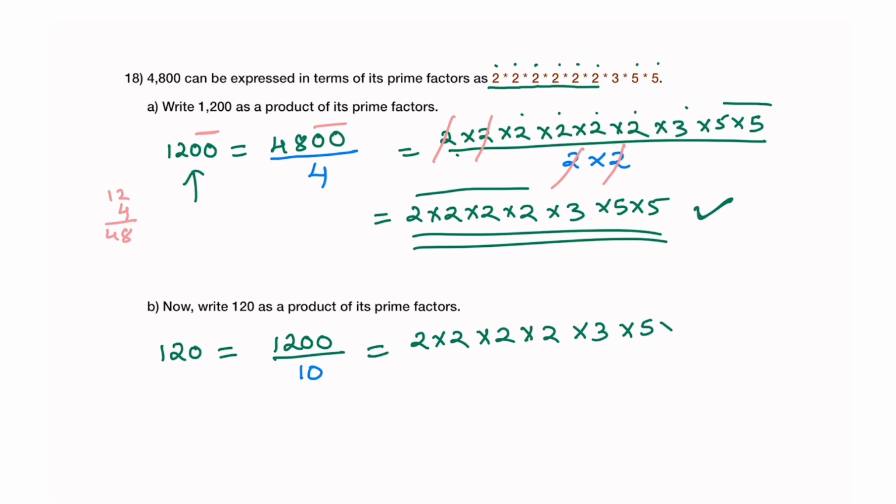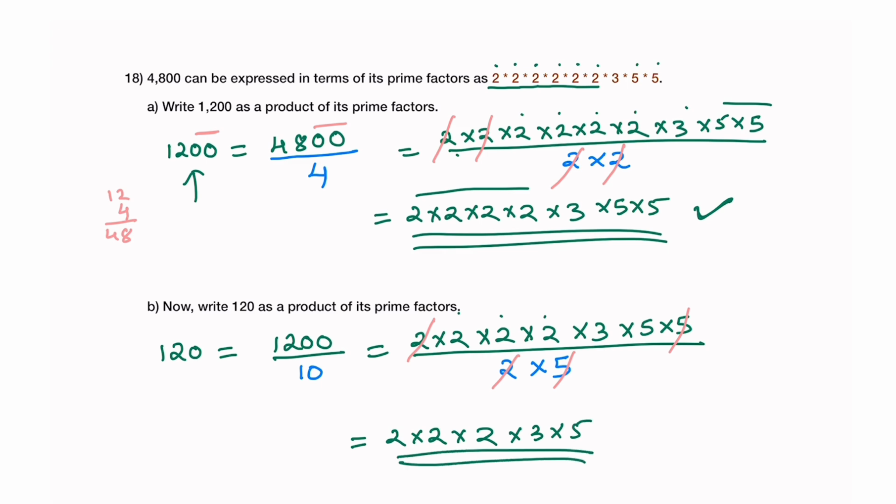And then you have 5 and 5, upon 10 can be written as 2 and 5. Right? Cancel the common terms. 2, 2 out. 5, 5 out. What are we left with? 1, 2, 3, then you have 3 and you have 5.